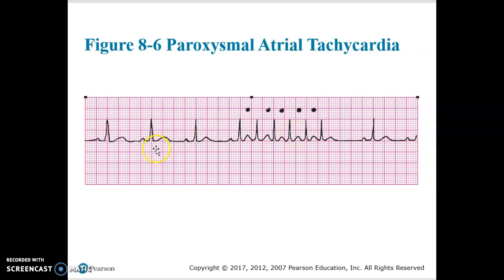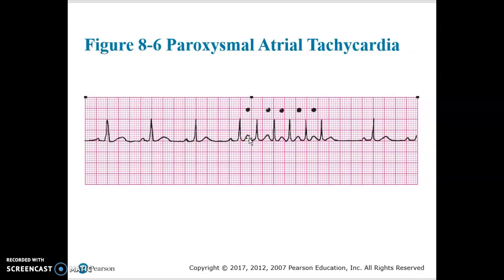The sinus beats have one shape of P, which you see here. And the atrial tachycardia has a different shape that is actually deforming this T wave that you see here. You can look at these dots. These dots are over the P waves. Remember, these P's are hiding in the T's, so that T looks distorted. Remember, a T wave that changes when the QRS does not is hiding a P wave, okay?